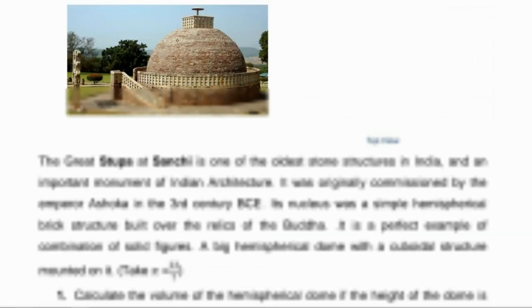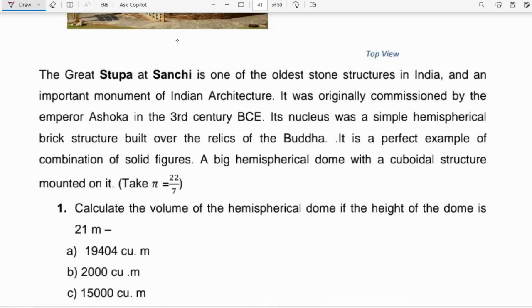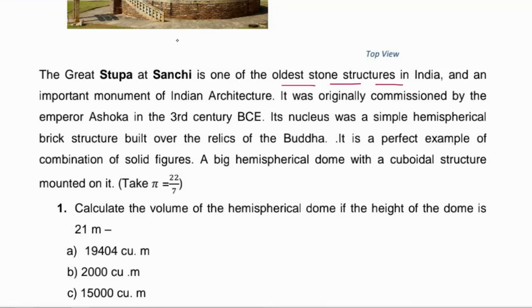It says the Great Stupa at Sanchi is one of the oldest stone structures in India and an important monument of Indian architecture. It was originally commissioned by the Emperor Ashoka in the 3rd century BCE.